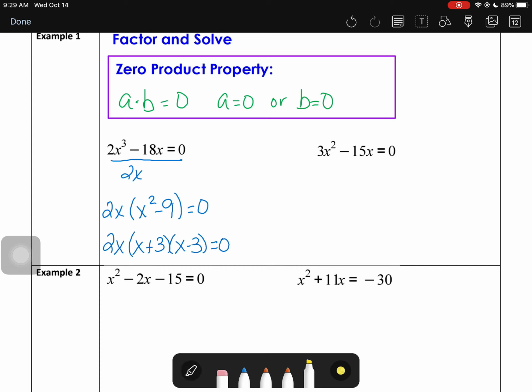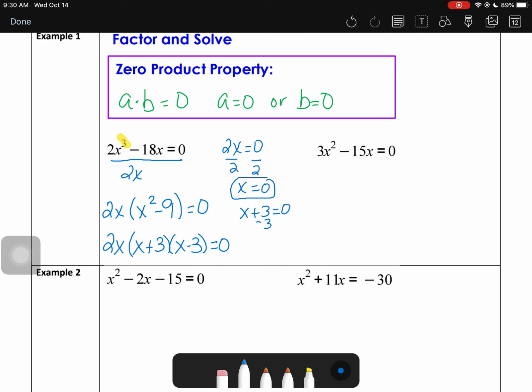Please remember that since this is to the third power, there are going to be 3 solutions. So we set each of our factors equal to 0. So the first one, we have 2x equals 0. So divide by 2, and we know that x is equal to 0 will be our first solution. Then we'll set x plus 3 equal to 0.